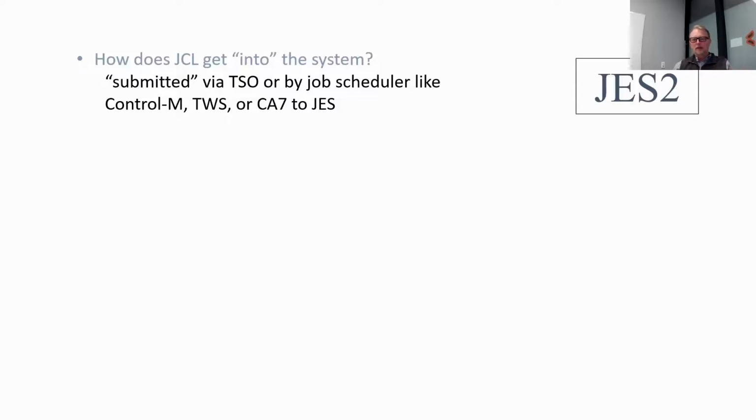There are a lot of people that use JES2. There are also some people that use JES3. It's just a different way of initiating work into the system. They do it kind of radically differently, so there's a difference between a JES3 shop and a JES2 shop, but the basic premise of what they're trying to do is the same.